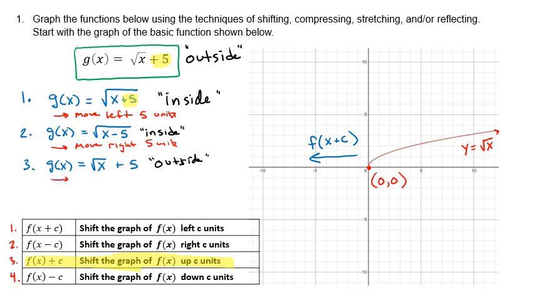Let's go back up here. When you have a plus or a minus inside, you have to do the opposite. Always the opposite. If in the first case there was a plus 5 inside with the x, you move in the negative direction, left. If there's a minus 5, you move in the positive direction.